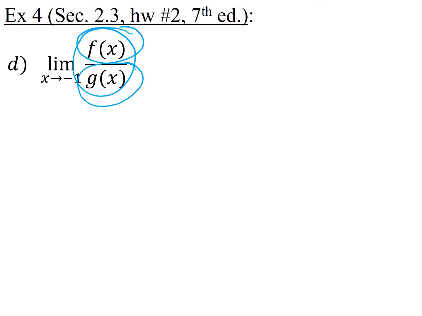But if the limit of the top is not 0, it will never exist. That's, again, not a hard set rule, but something to keep in the back of your mind. So I'm going to prove to you that the limit of f must be 0. And if I prove to you the limit of f must be 0, we know that's wrong. We know the limit of f was -1. So that's going to be our contradiction. That's going to be the wrong thing that we end up with. And so we can conclude that this limit of the whole thing actually doesn't exist.